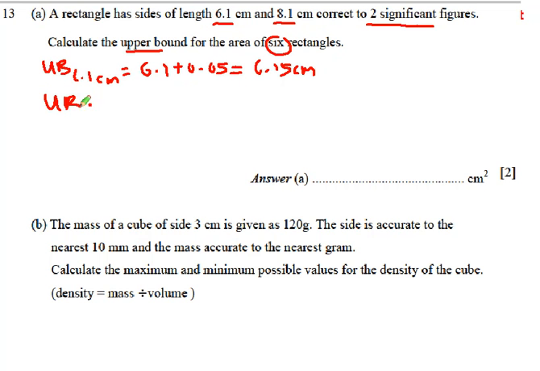The upper bound of 8.1 centimeters is the sum of 8.1 and 0.05, which is equal to 8.15. So the upper bound of the area is equal to the product of 6.15 and 8.15.